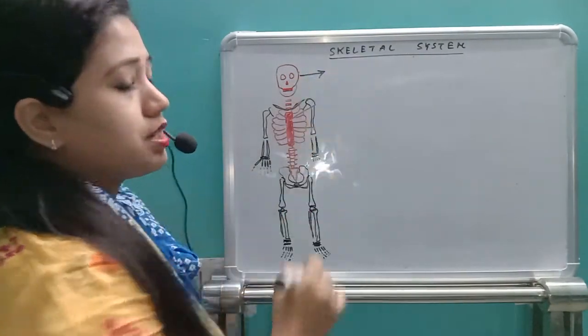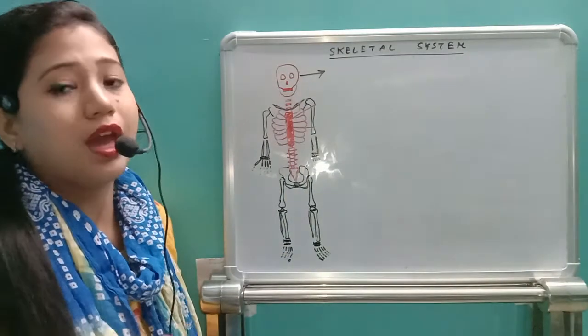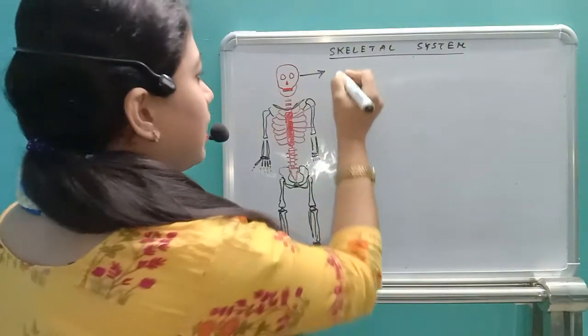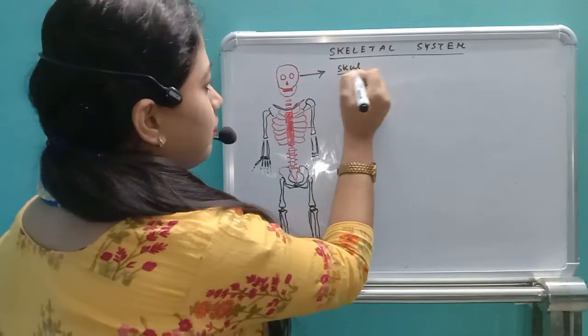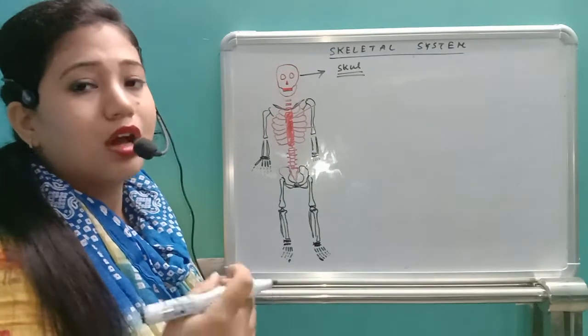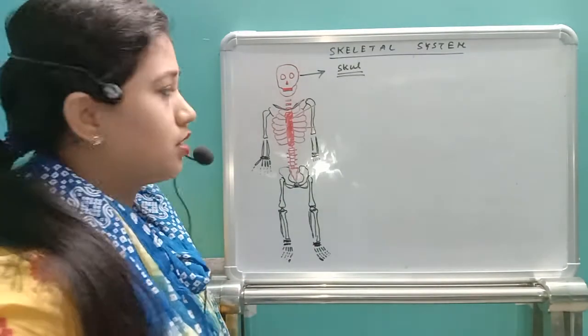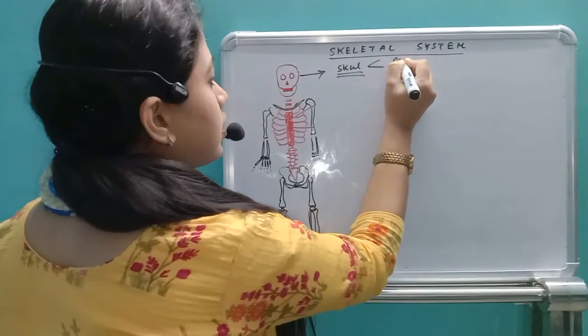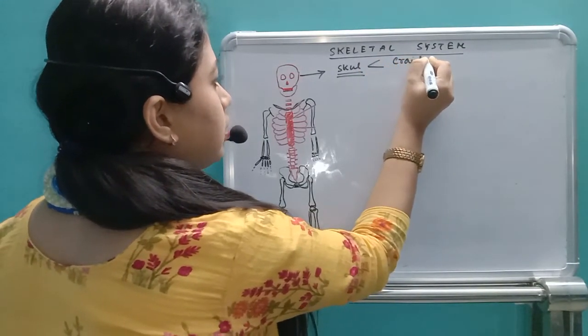In the axial skeleton how many bones did we have? We had 29 bones. Now we will see the skull, where we will divide the 29 bones, how they can be categorized. So first of all, the skull is going to have cranial bones.